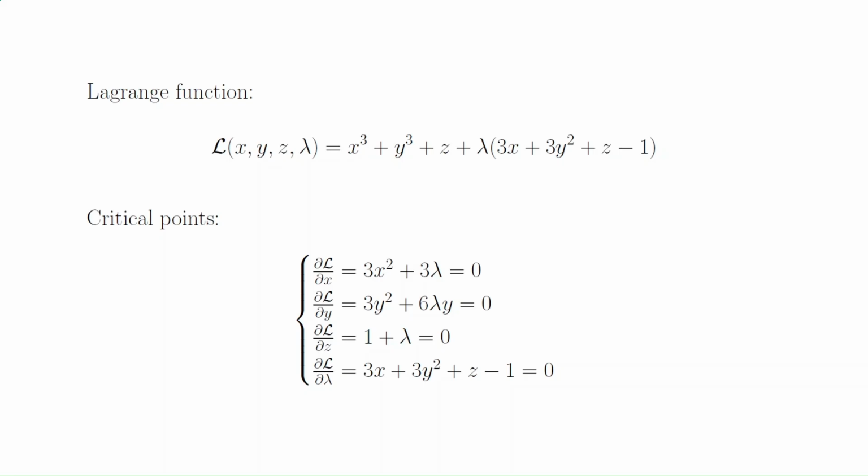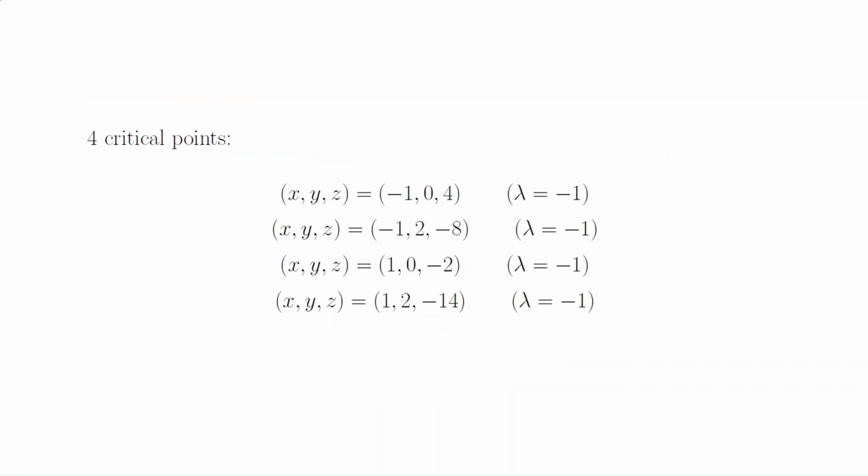Therefore, in order to find the critical points, we compute the 4 possible first-order partial derivatives with respect to all variables, and we set the equations equal to 0. This produces a system of equations whose solutions are the critical points. In this case, you can easily conclude that there are 4 solutions. That is 4 critical points that you can see right here with their values for x, y, z, and lambda.